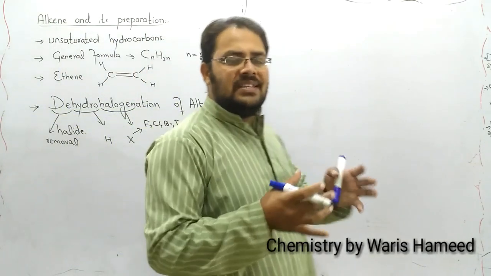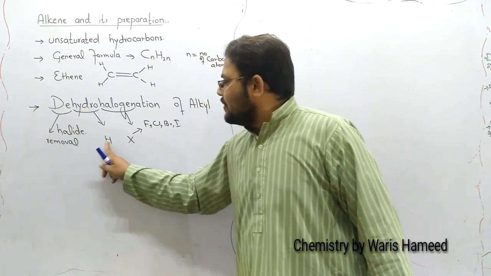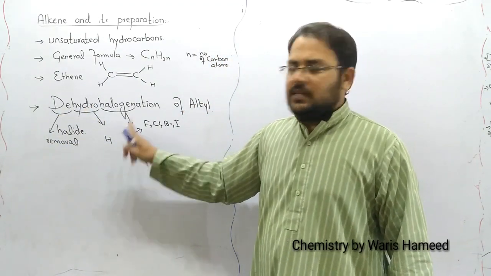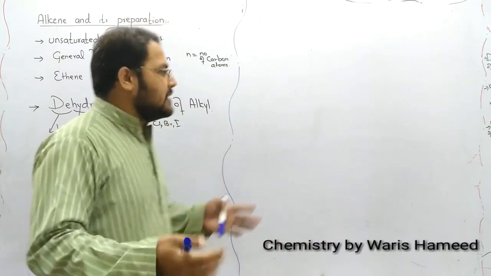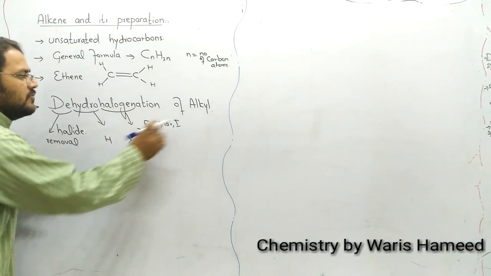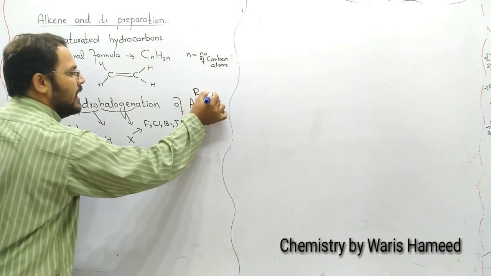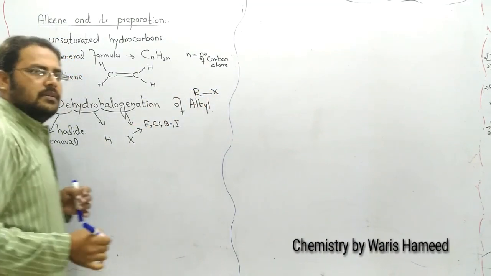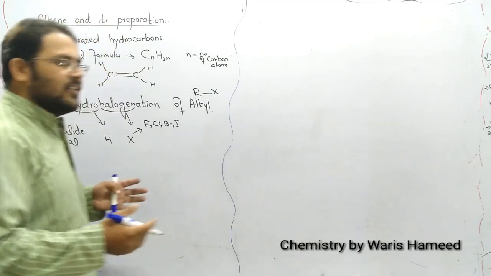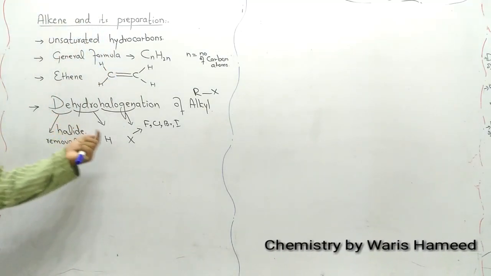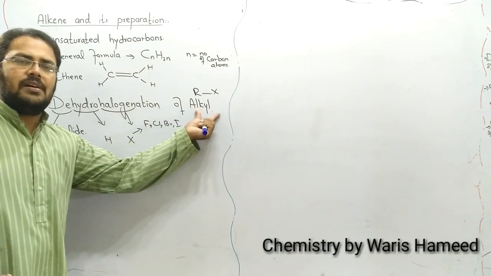Now combining these terms, it is the removal of hydrogen halide from alkyl halide. Alkyl is the R group and halide is the halogen. We are removing HX, hydrogen halide, from alkyl halide.